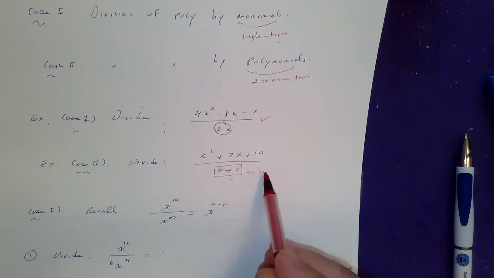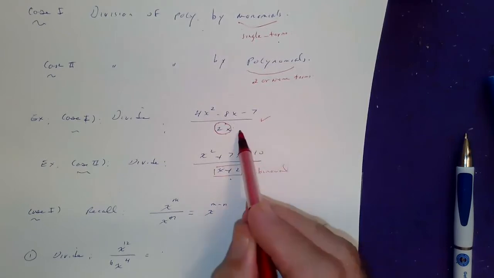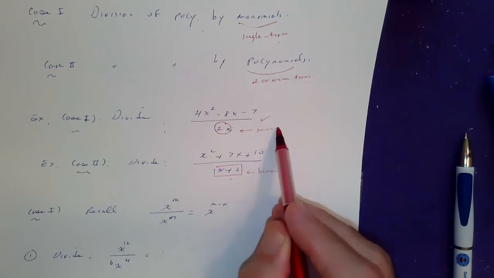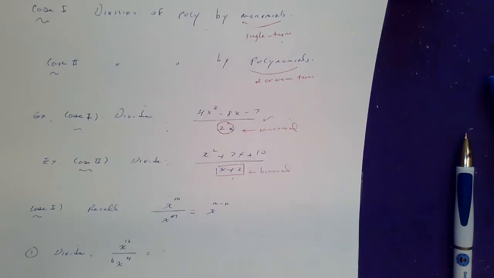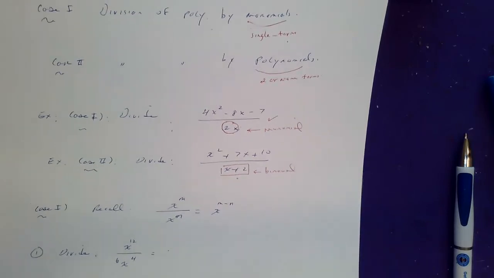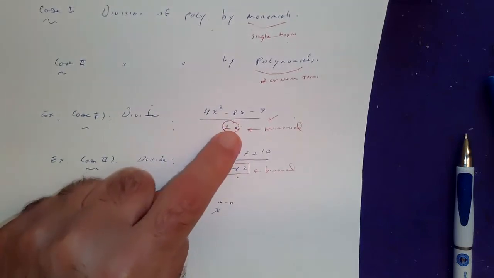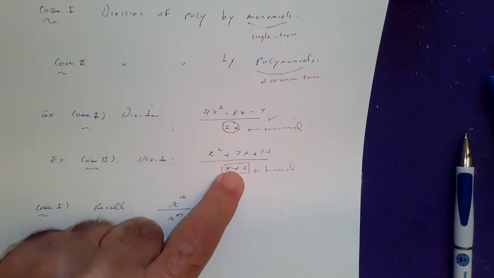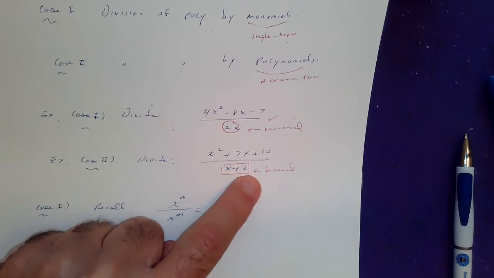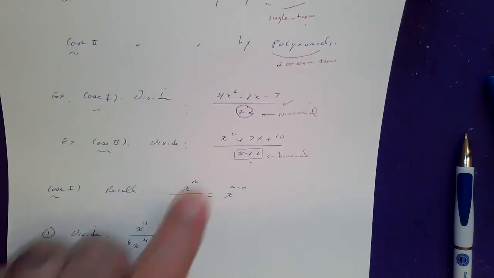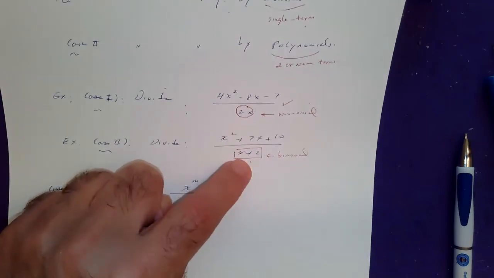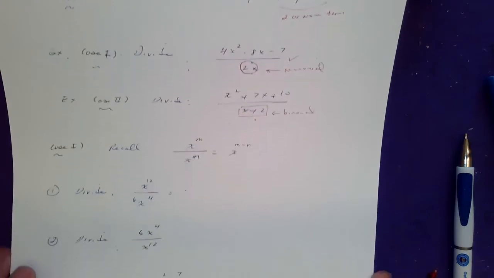It's a what? Binomial. Whereas here it was a monomial. So these are the cases where we have to see what to do when you have a monomial and how you divide when you have a binomial or more terms. You may have 3 terms here or 4 terms, who knows. As long as it's not a monomial, then we have to use something called long division form.